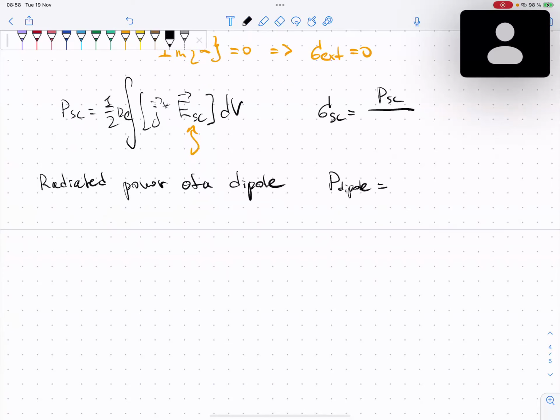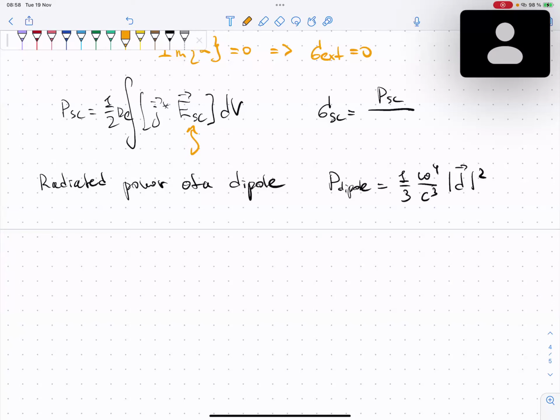The radiated power of a dipole is just 1/3 omega to the 4th divided by c to the 3rd power, times the square modulus of the dipole moment.